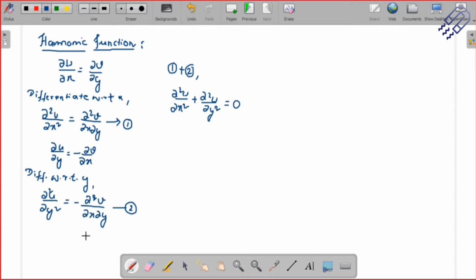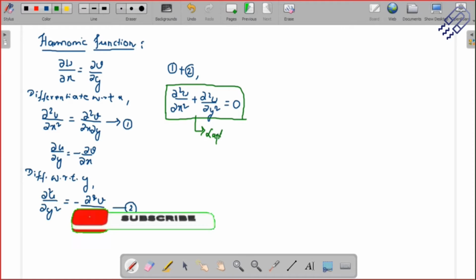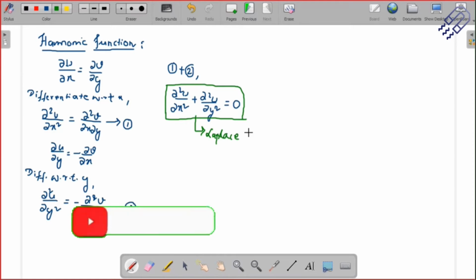This is the same term on the right hand side with a minus sign. So this is actually the Laplace equation. So if we are just given a value of u and not a value of v, and you want to show that this function is analytic, you can use the Laplace equation, and if it satisfies the Laplace equation, it is basically more or less analytic. This is your Laplace equation.